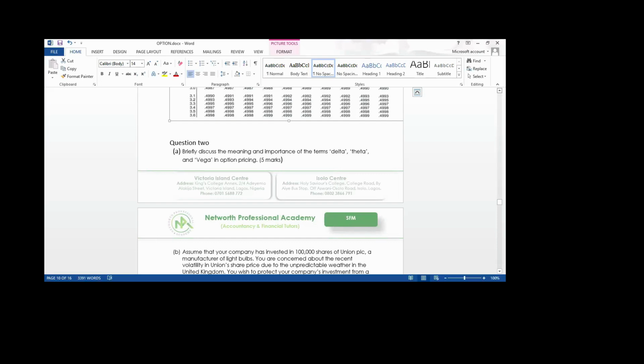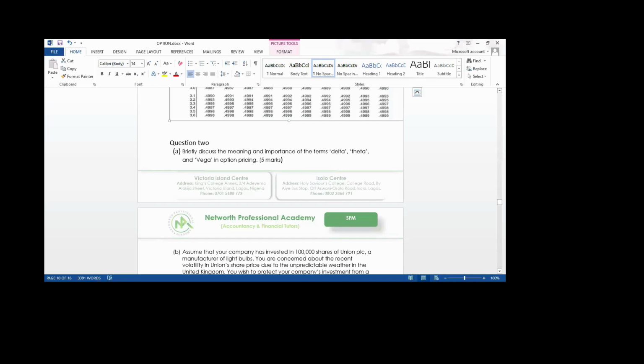What is theta? Theta measures change in option price as a result of change in time to maturity. What is vega? Vega measures the sensitivity of option price to a change in the volatility of the assets. Please, let us try to read the notes.